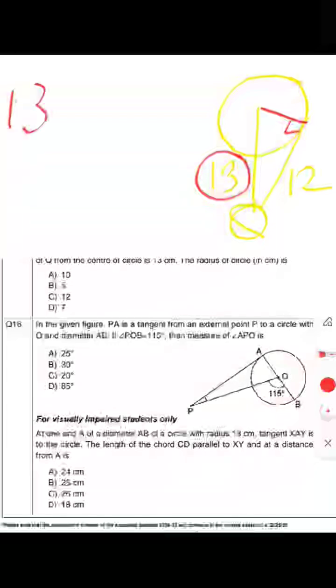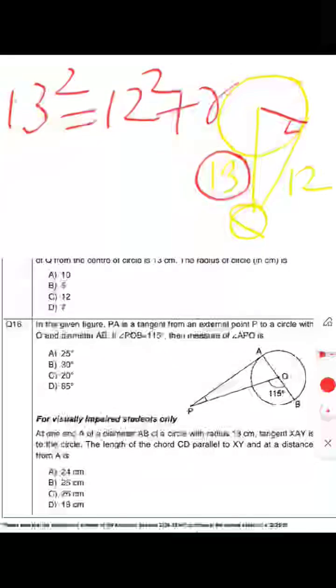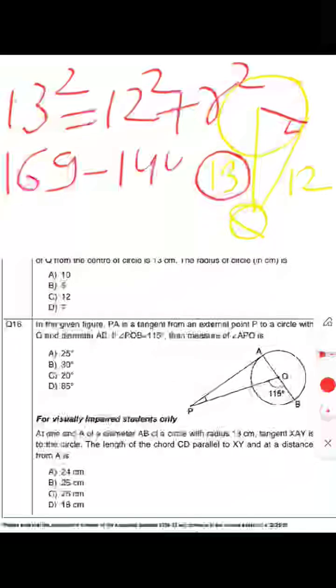13 square is equal to 12 square plus radius square, radius you can say r square. So this is your 169. This 12 square is 144, take it to the left hand side, so minus 144 equal to r square.